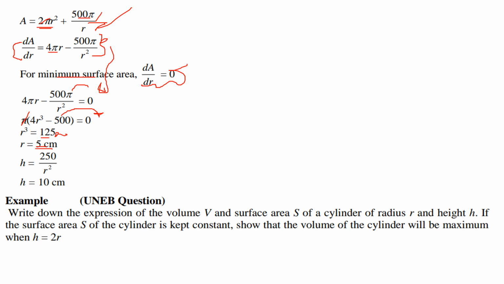So the height, we already got the expression of height to be 250 divided by r squared, and r squared is going to be 5 squared, which is the same as 25. So it's the same as 250 divided by 25 to get you your value of height of the cylinder to be 10 centimeters. Now the next example, which is a UNEB question, is going to be your assignment.